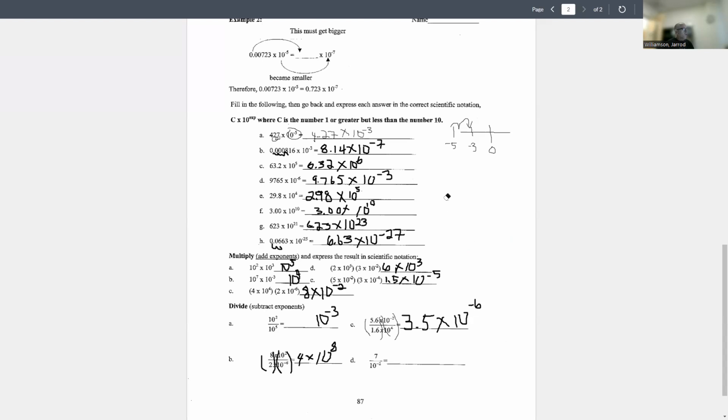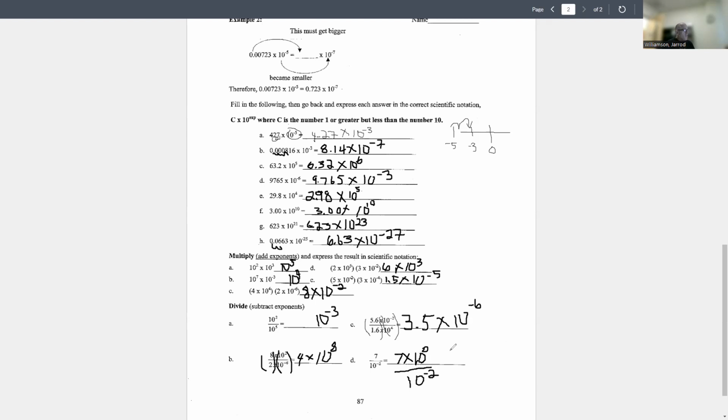And then one last one. Let me show you how to do this one. This 7 is the same thing as 7 times 10 to the 0. Right? 10 to the 0 is 1. So it's 7 times 1. Divided by 10 to the minus 2. That's kind of how you can look at it.